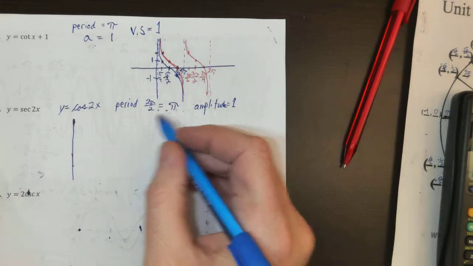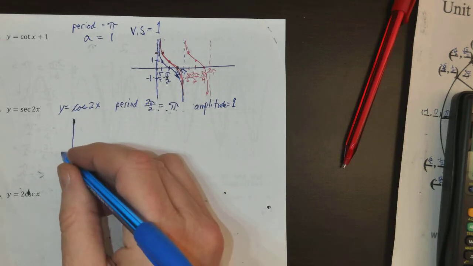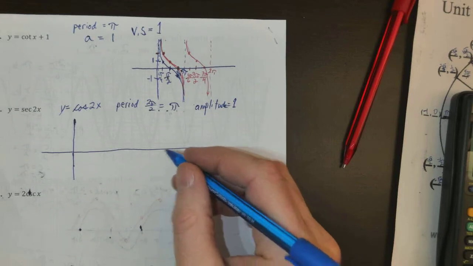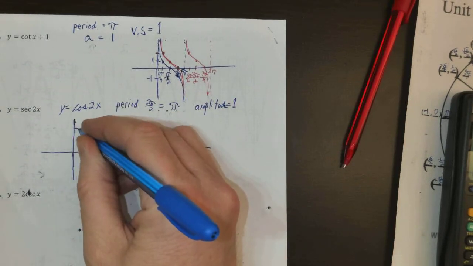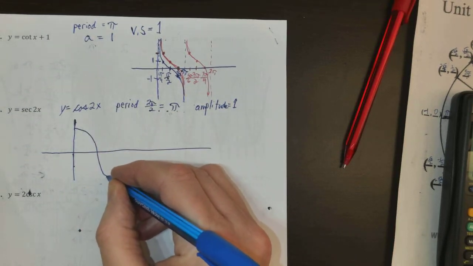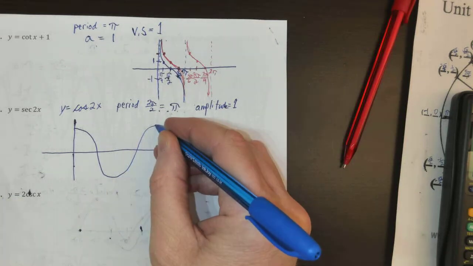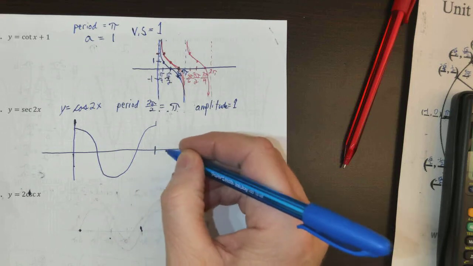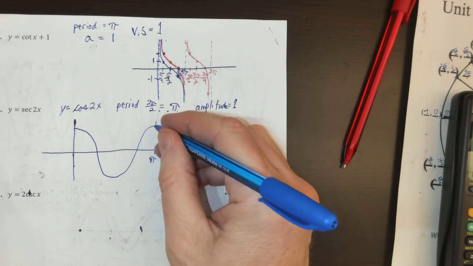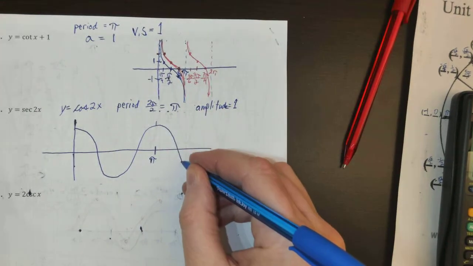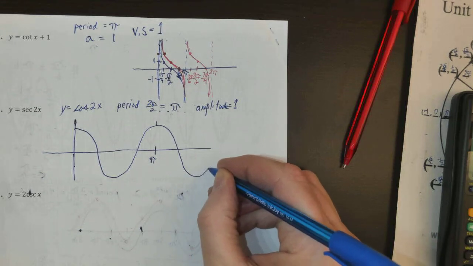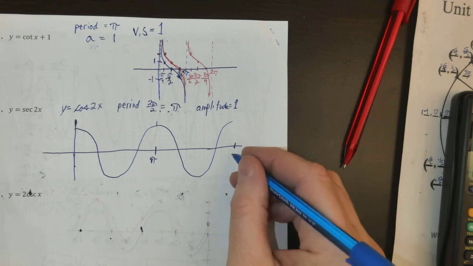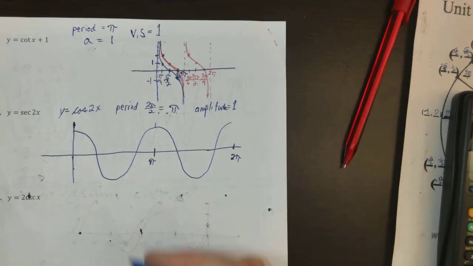Now, back to this. I'm going to graph y equals cosine of 2x. It starts up here, goes down here, comes back up here. And since we're doing 2 periods, let's go ahead and do another period here. And this would be 2 pi here.